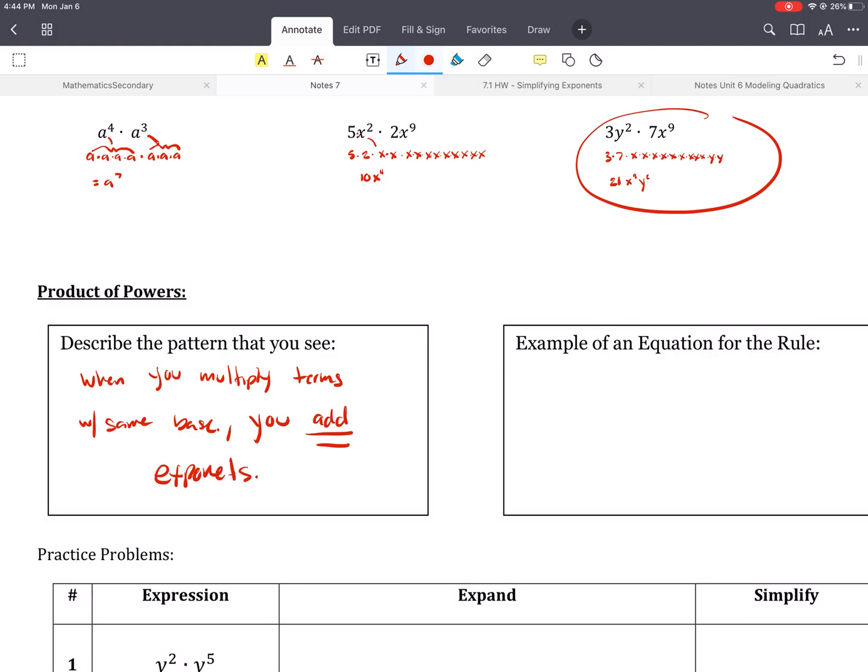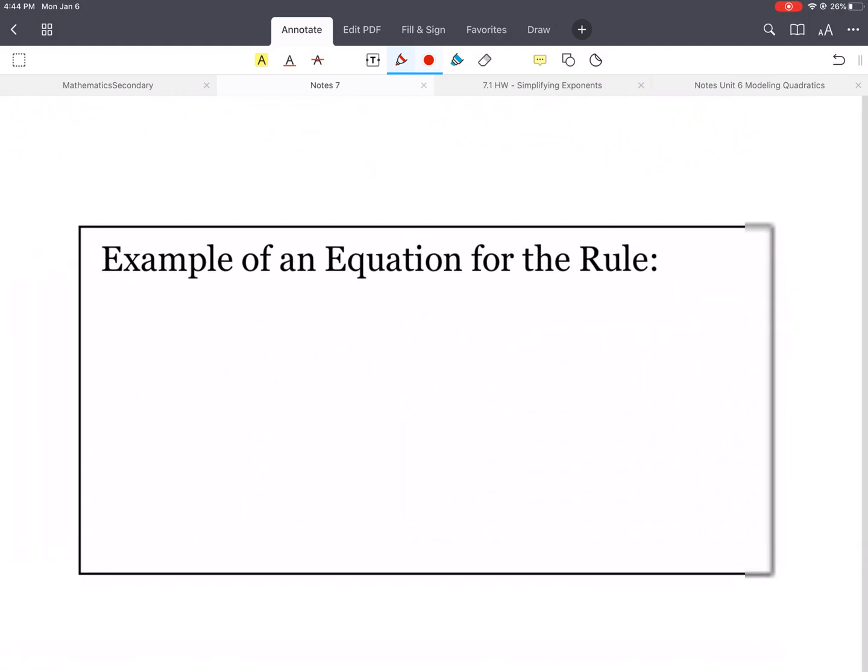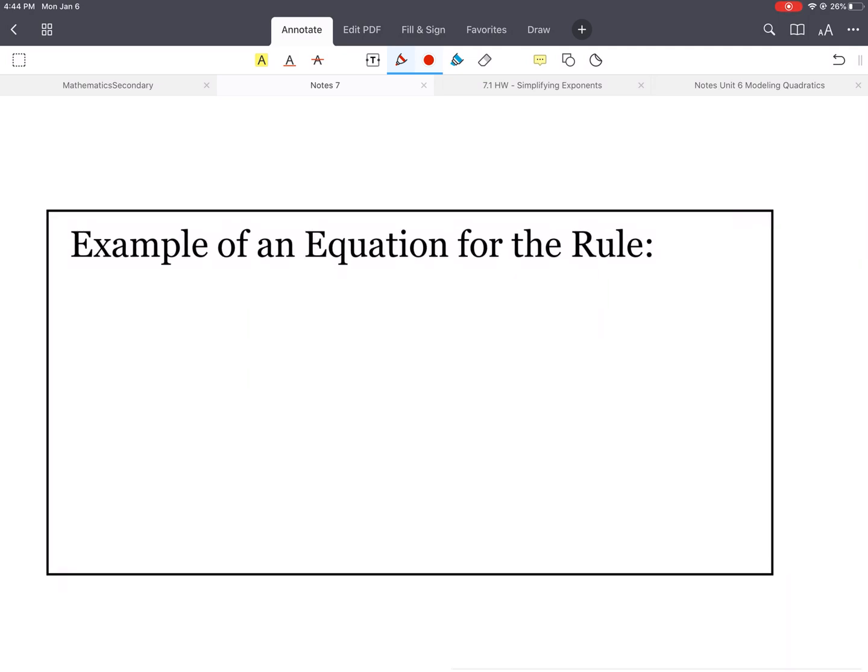Okay? So an example of this, a generic version: x to the a times x to the b. Here they have the same base of x, so what we do is we add their exponents, a plus b.